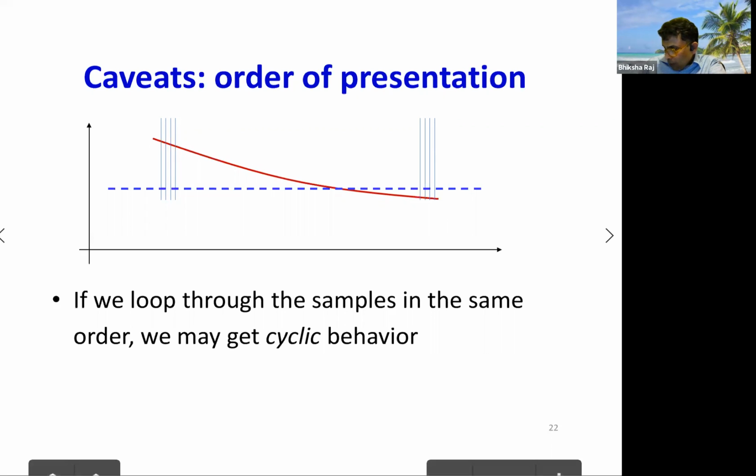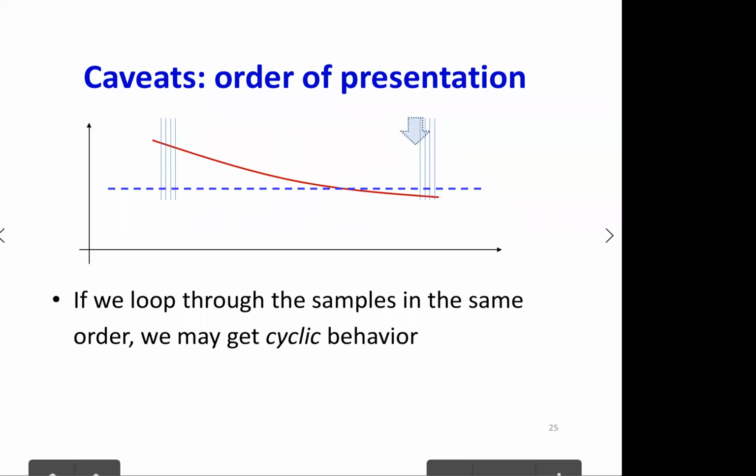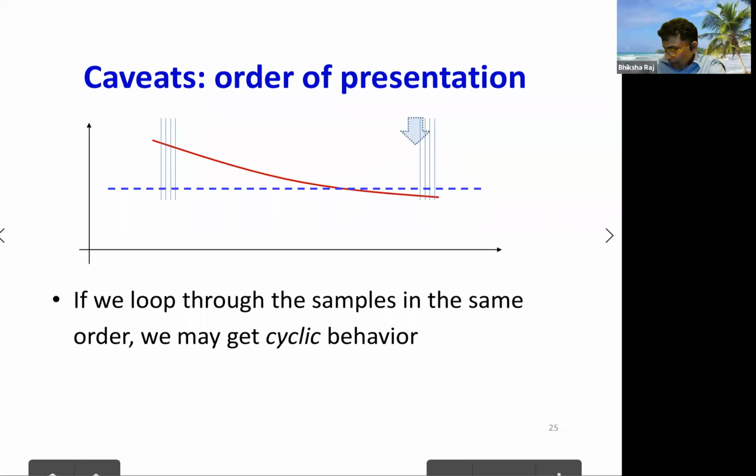then if we go through the data in sequential order left to right, when we process the instances to the left, the function will get down here to reduce the error on these points. But then this will end up rising on the other side. Then when you move over to the right, it's going to adjust the function here, push it down, but then it will push the function back up on the left-hand side.